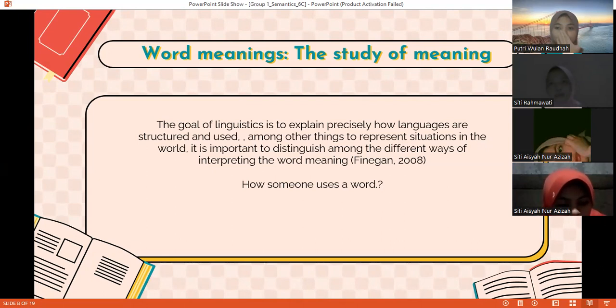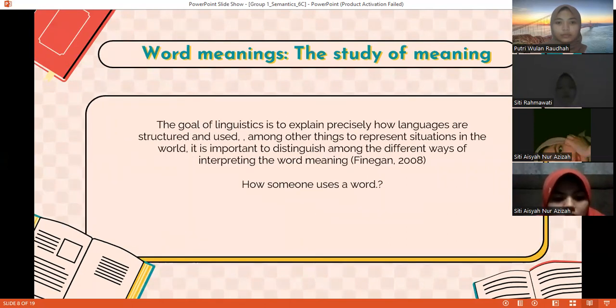Do you know we have a lot of conversations with many people, and these conversations have to do with the meaning of a word based on what it is used to mean. To better understand meaning, let's start with a simple definition of how someone uses a word.